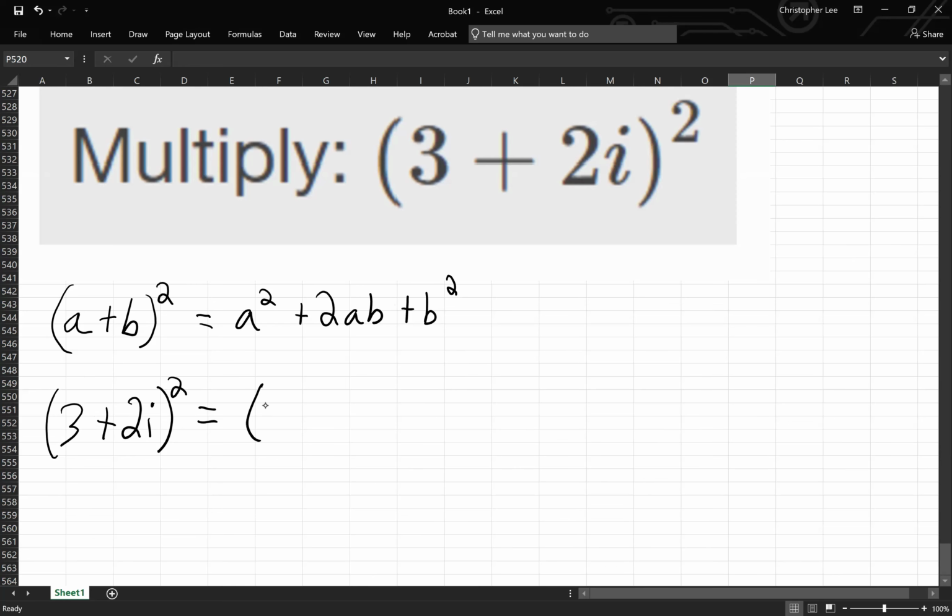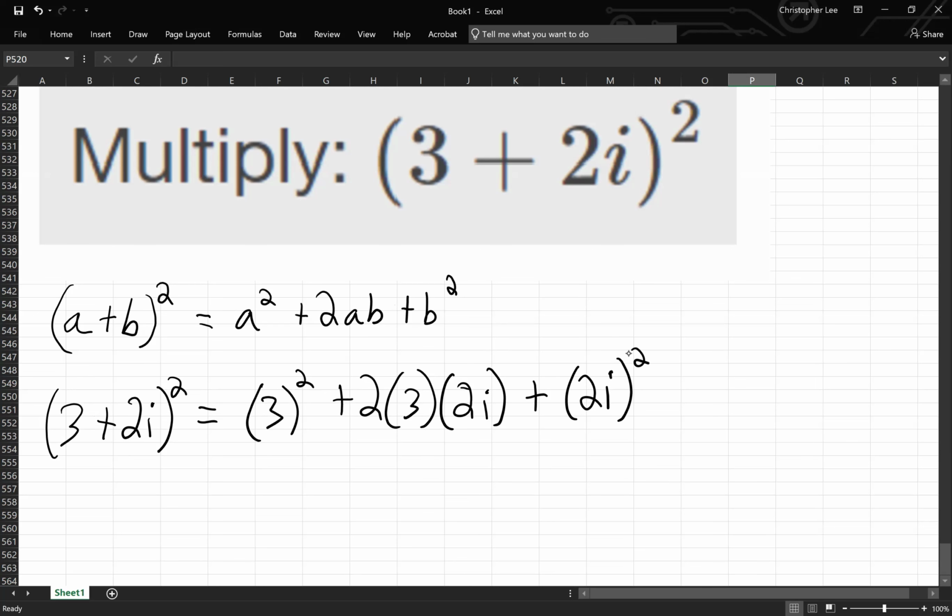So this is going to become 3 squared plus 2 times 3 times 2i plus (2i) squared. Let's do the math on this. 3 squared is 9 plus, oh gosh, this is 2 times 3, which is 6. 6 times 2, which is 12i. And then plus, this is going to be actually 4i squared.